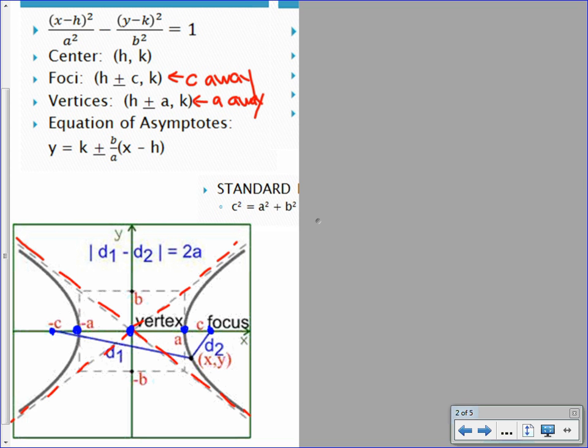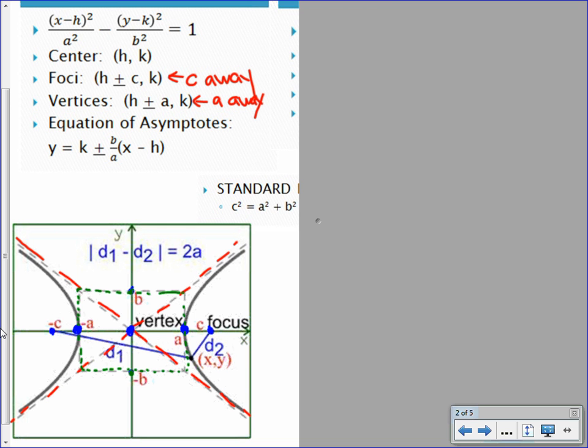What we're going to do is plot our vertices, a away. We're going to use b to plot points that aren't on our curve, but we're going to use them to help us. Very lightly, I'll use b. We're going to plot these points very lightly like we would for an ellipse. And we're going to make a rectangle using our vertices and those b values.